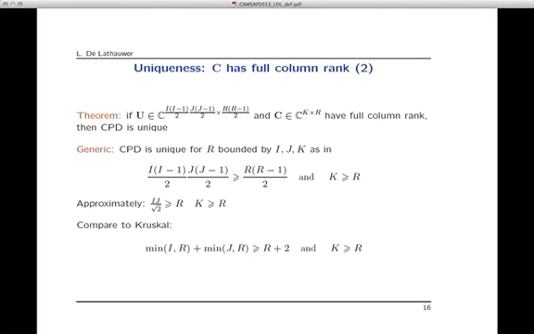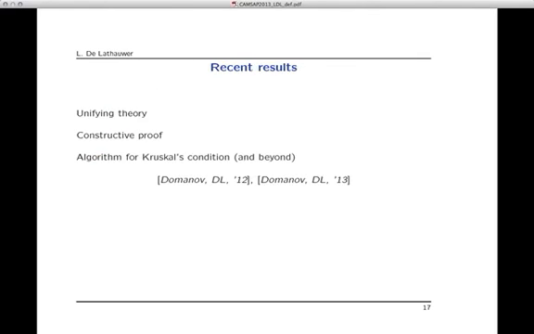So what we have been doing is working from this condition towards Kruskal, going from K minus 1, K minus 2, and so on, all the way to Kruskal. And we have developed a unifying theory for uniqueness that bridges all the cases in between, going from the original to Kruskal, and in both directions actually a little bit further than the original.